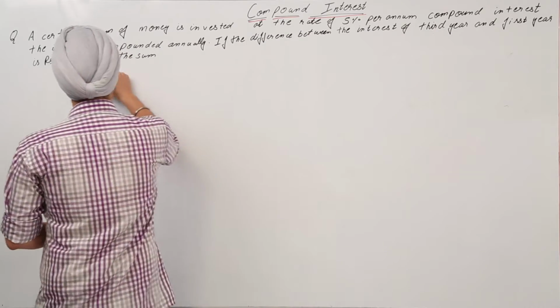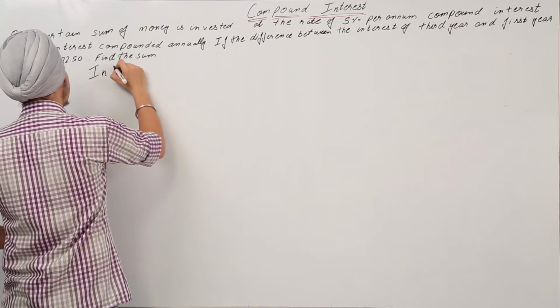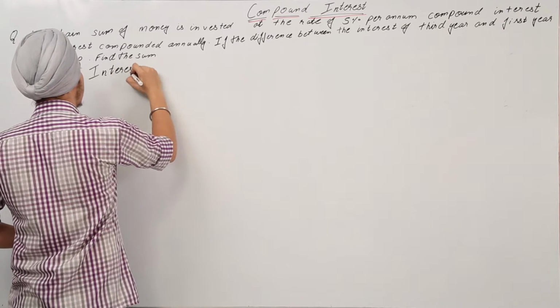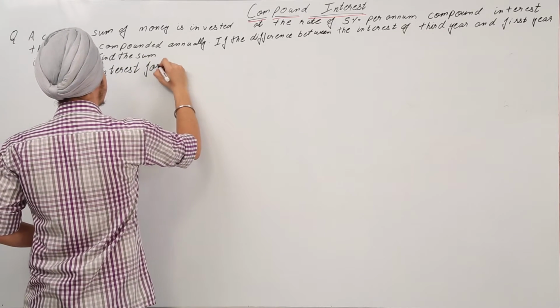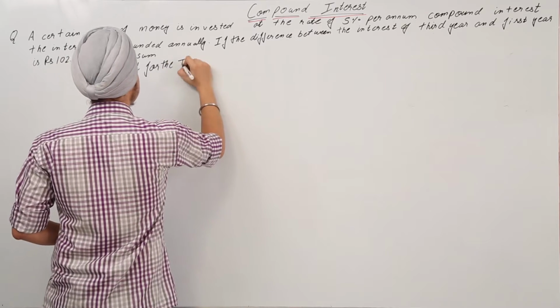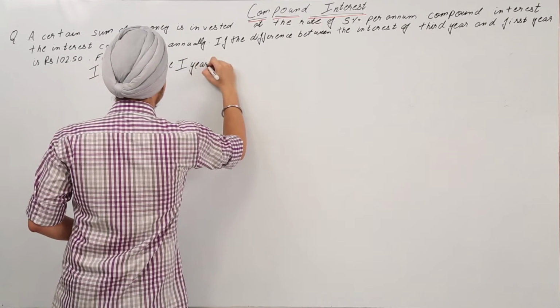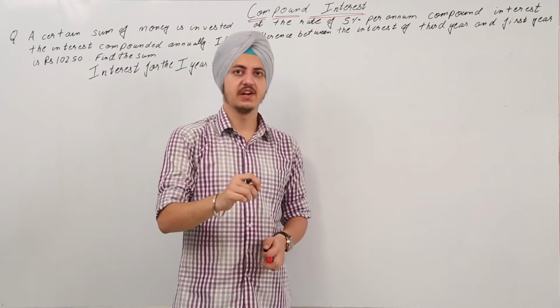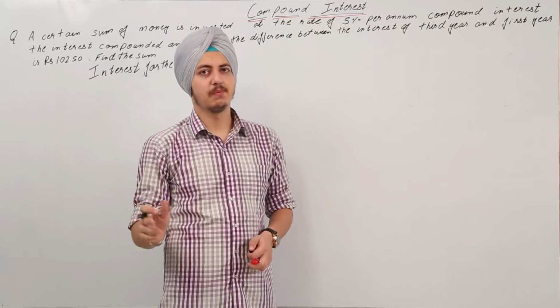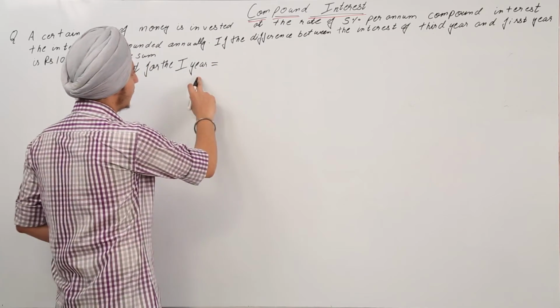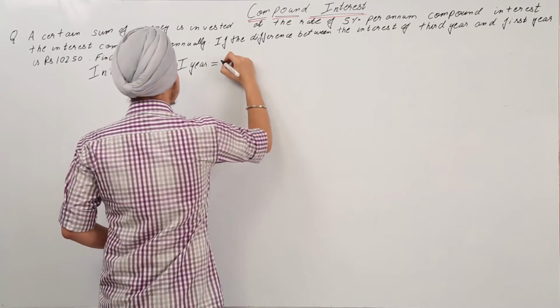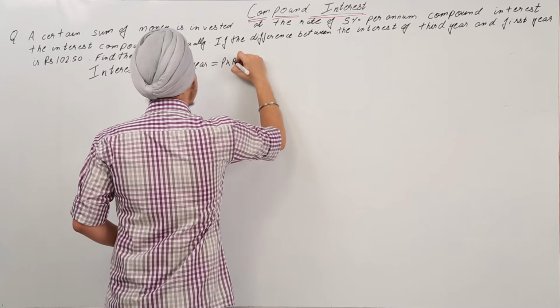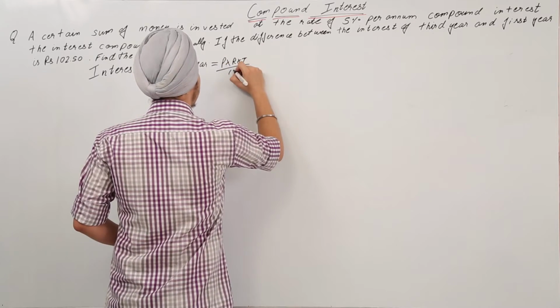We write down the interest for the first year. As we all know, for the first year, the compound interest and the simple interest are equal. So I will write it in the form of simple interest, which is P into R into T upon 100.